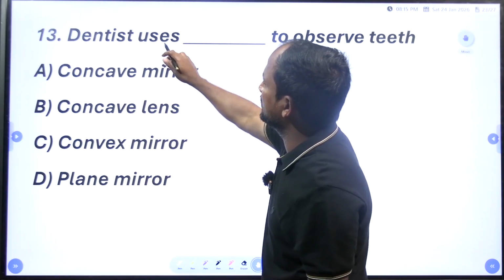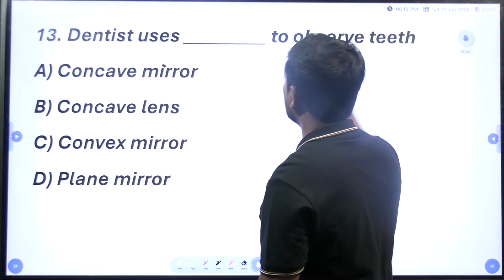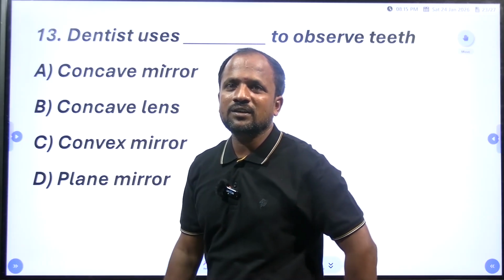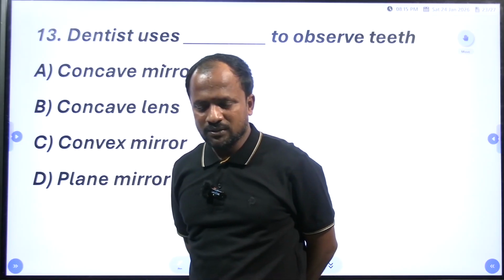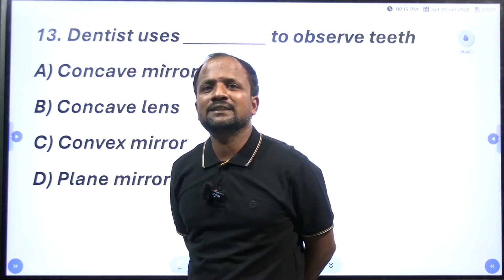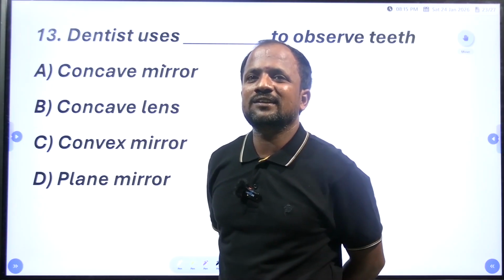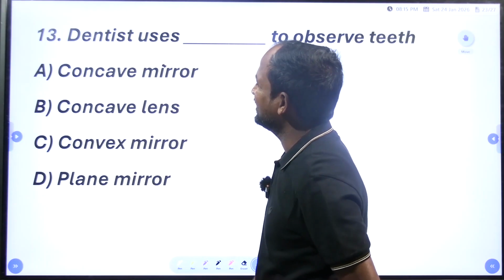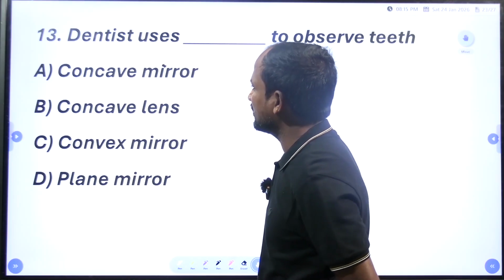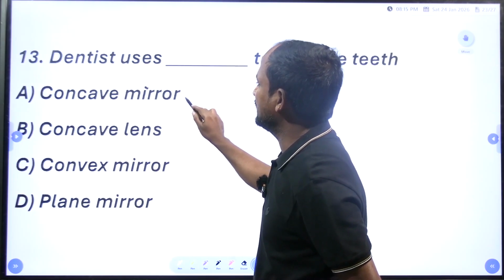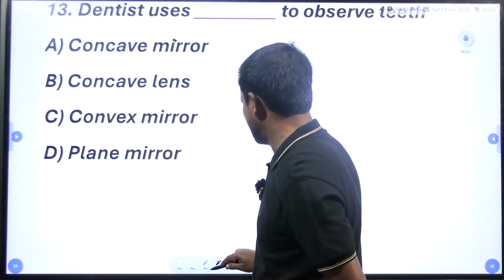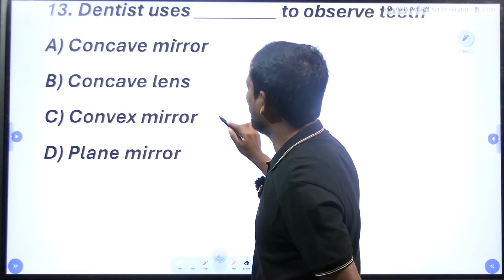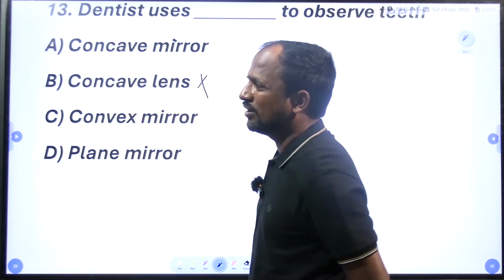Dentists use what to observe the teeth? In the content explanation, I said one mirror is called a doctor's mirror. What mirror is it? Concave mirror. So first eliminate lenses: option B is the wrong answer.